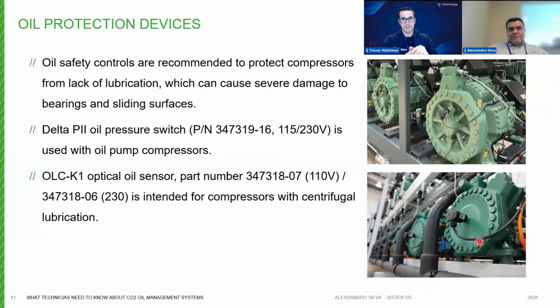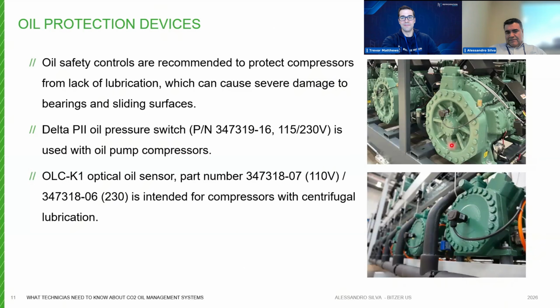In terms of oil protection devices, this is what we offer for these 2 designs, the oil pump and the centrifugal lubrication. For the oil pump, we have this device named Delta P2, and the OLC K1 for centrifugal lubrication.